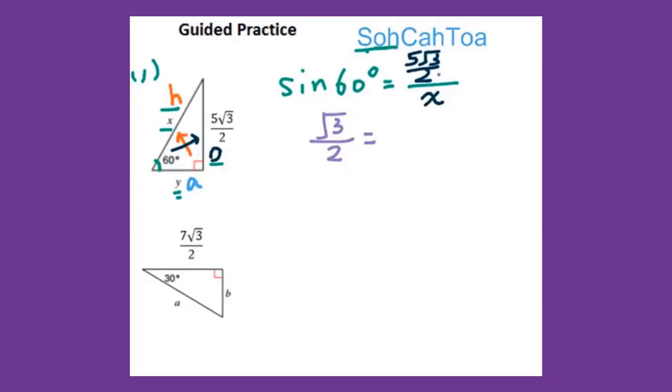So 2 will be the denominator. It's below that division line. So I drop down. You will get 2 times X at the bottom, then 5 square root of 3 at the top.